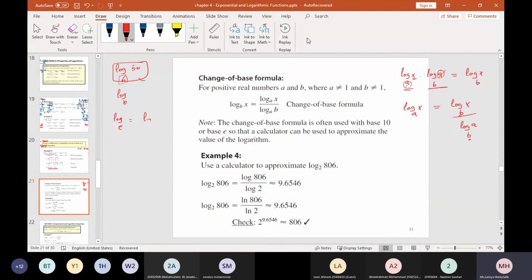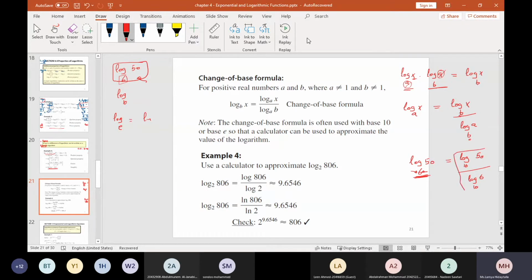So for instance, in our previous example, if I had log 50 to the base 6, I cannot find it with the calculator because I cannot evaluate the base 6, so I can change it. For instance, you can make it log 50 to the base 10 over log 6 to the base 10.